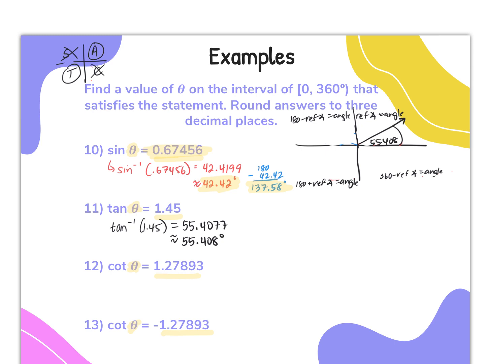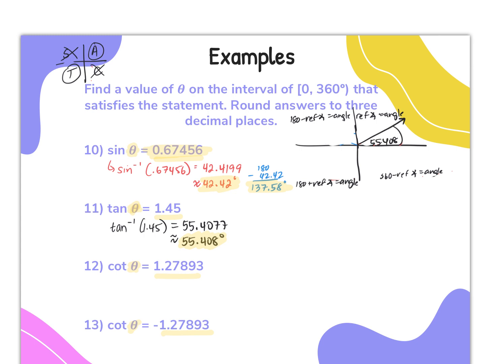When you hit the tangent button, you should get 1.45, and we do. So we have our first theta angle that has a tangent of 1.45, and that's in quadrant 1.